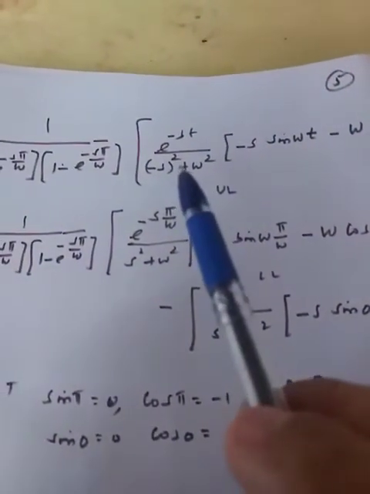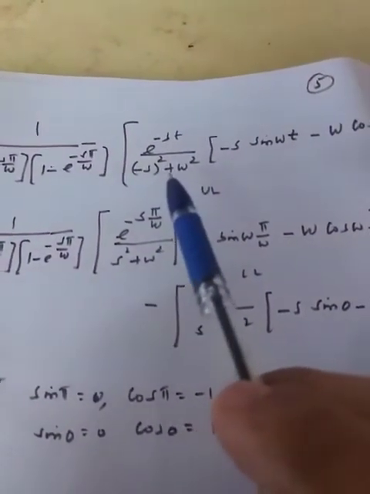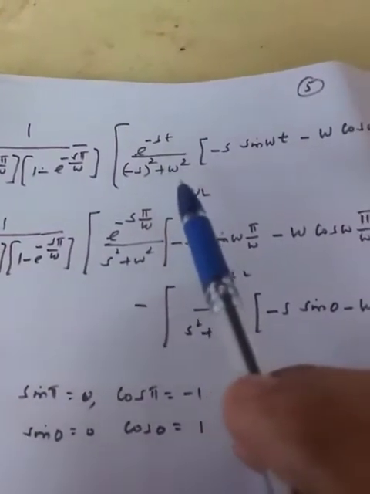So apply this formula: integral e power minus st sin(omega t) dt.